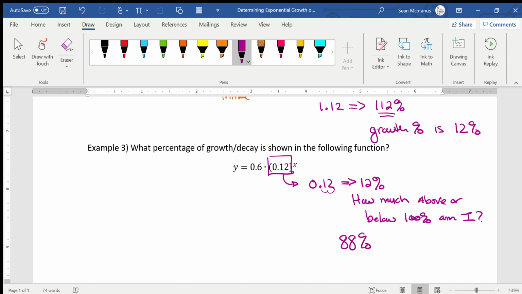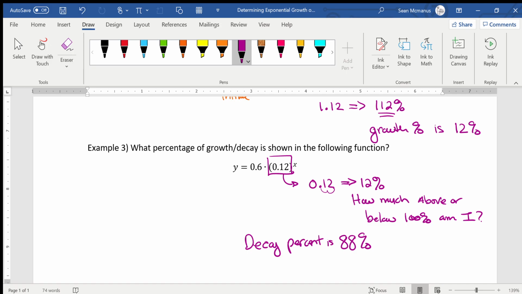So that means it went down 88%. To answer the question, what percentage of growth or decay, decay means goes down. So my decay percent is 88%. It's going down 88% every single time, every iteration. Every time my x goes up 1, my y is going down 88%. So that's pretty big.